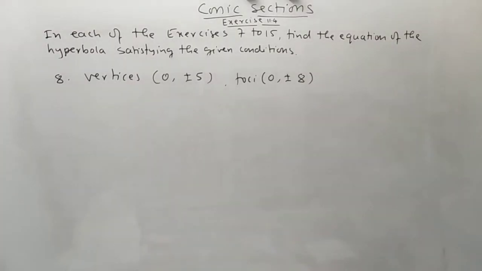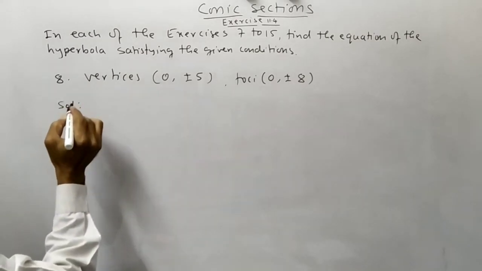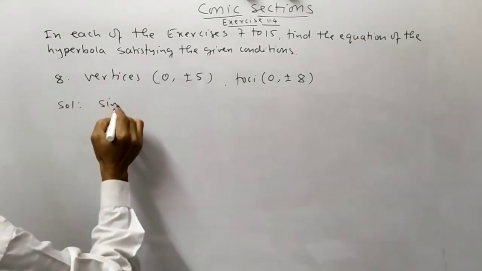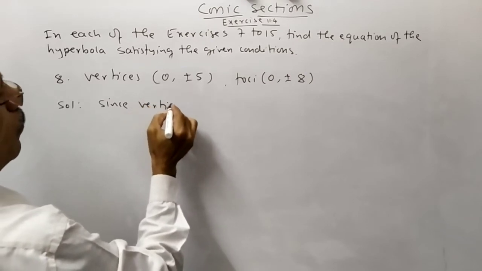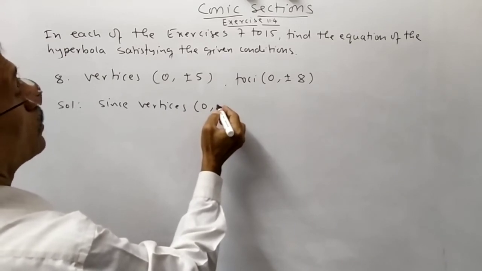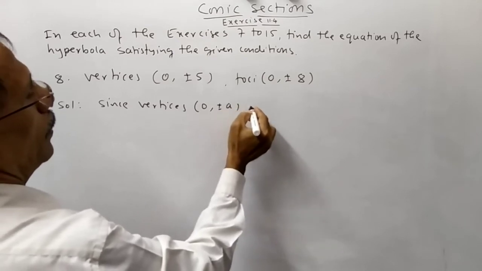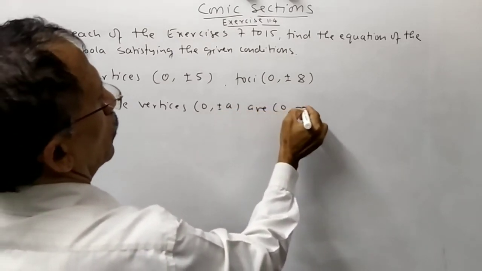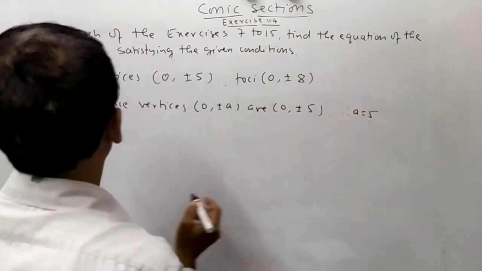Next question. Coordinates of vertices are 0, plus or minus 5 and coordinates of foci are 0, plus or minus 8. Solution. Since vertices coordinates are 0 comma plus or minus a or 0 comma plus or minus 5, therefore a is equal to 5.